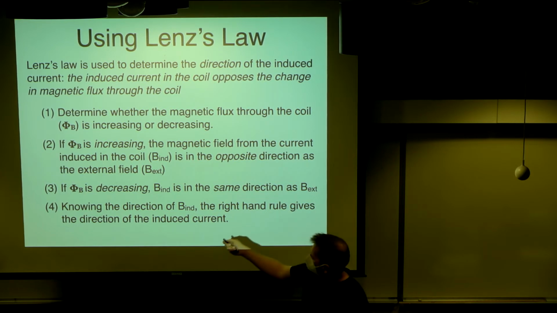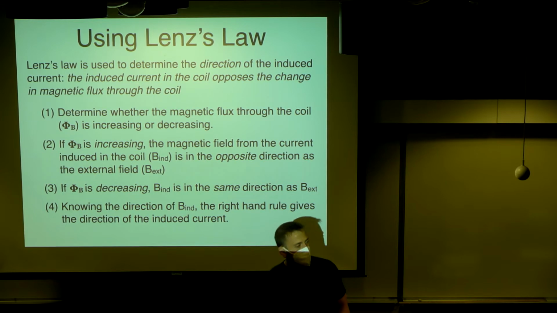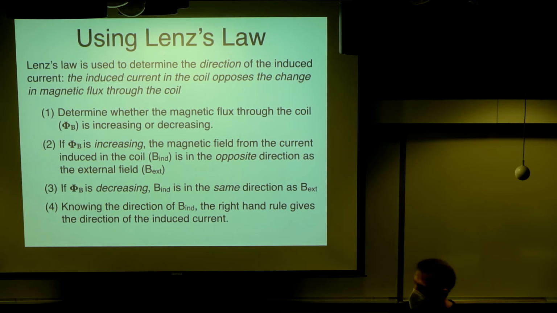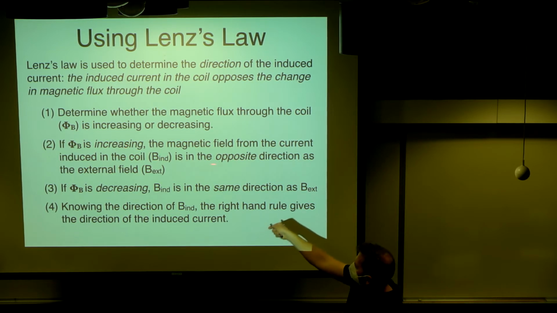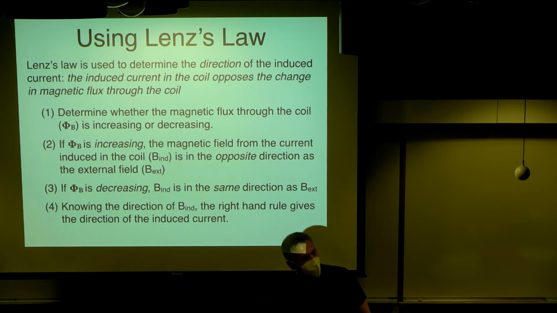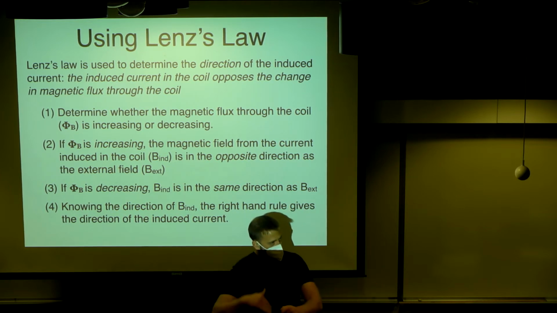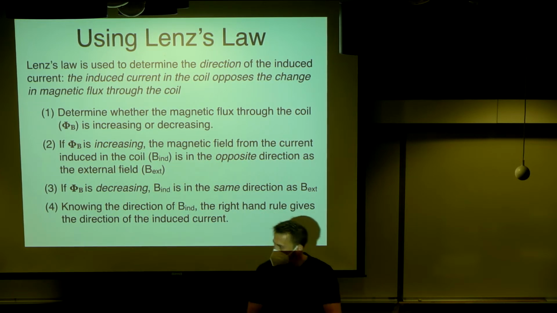We also have what I'm going to call B induced. That comes from the fact that current starts going through your coil, that creates its own B field, right? So these two different B fields you want to kind of think about here, okay? If we're increasing in flux, the induced B field is going to have to oppose the external B field, okay?